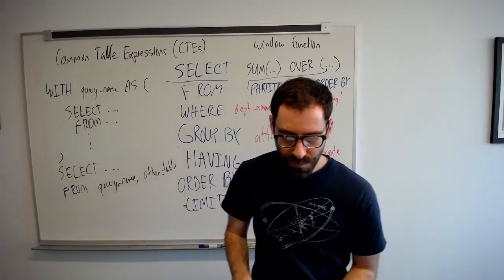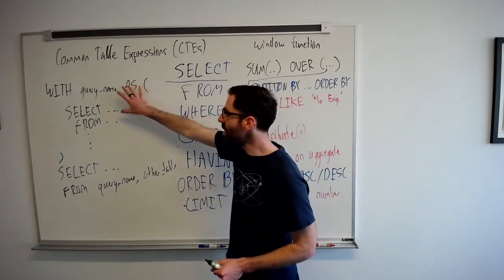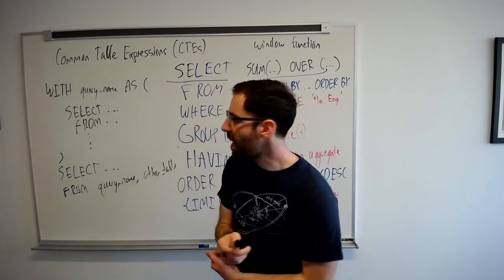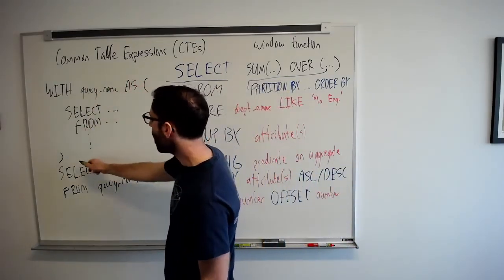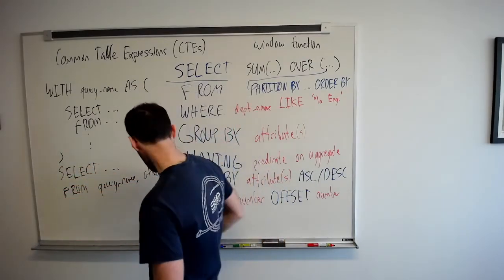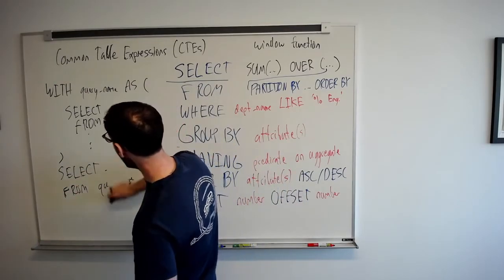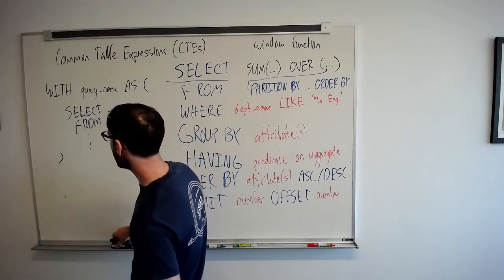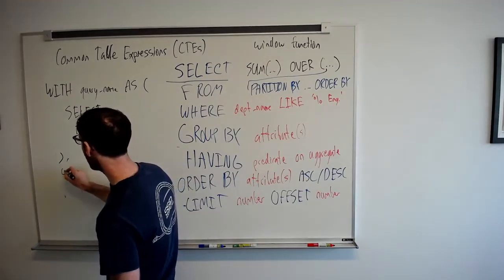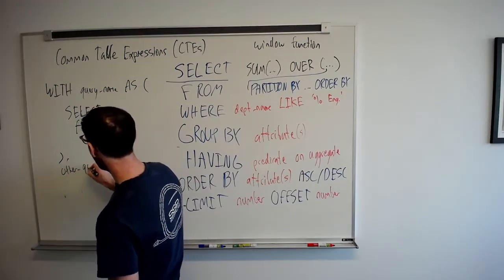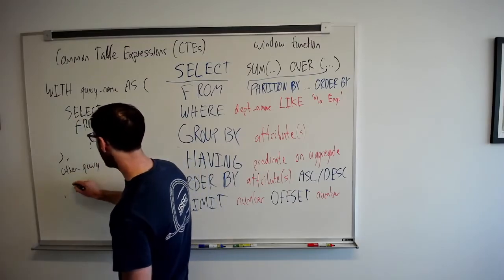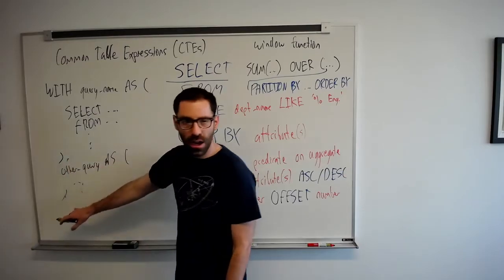And we can actually chain these CTEs together. So you can say WITH query name AS this, and then a comma to chain these together: other query AS another query.